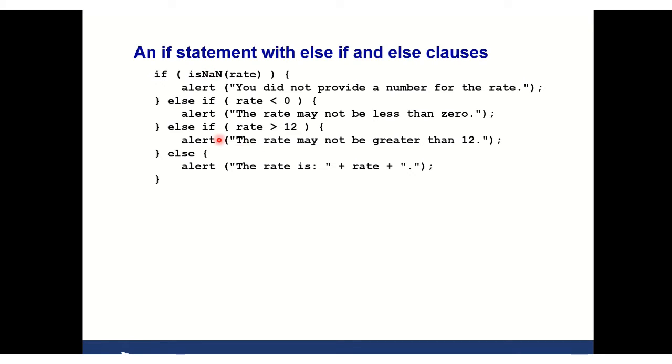If all these conditions, condition number 1, condition number 2, condition number 3, are not valid, then only you go to the else criteria and alert this particular statement. So that's how an if statement with else if and else clauses works.